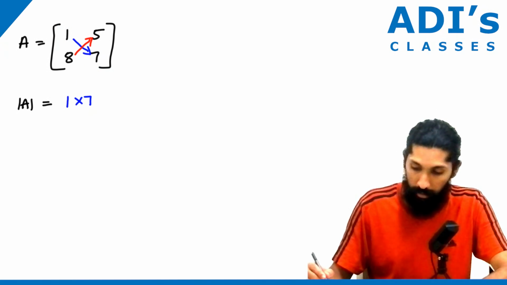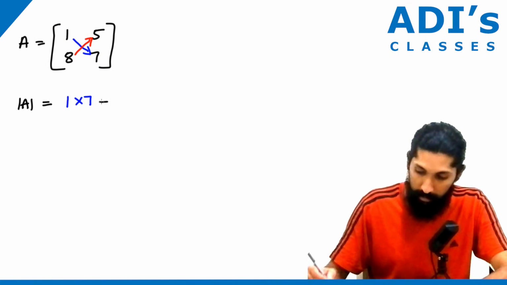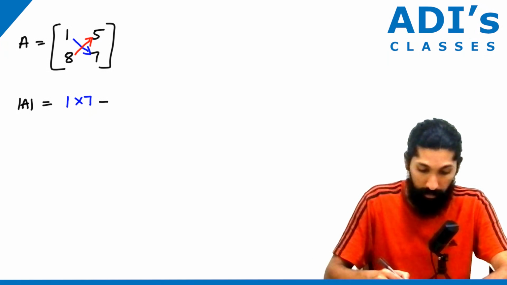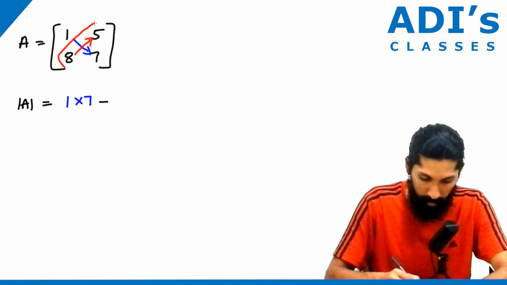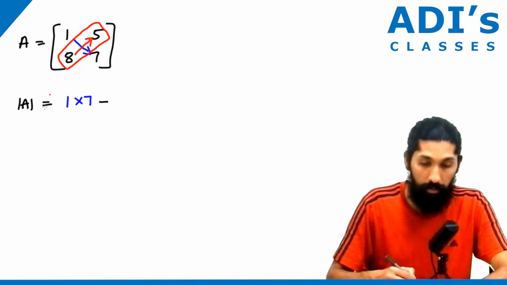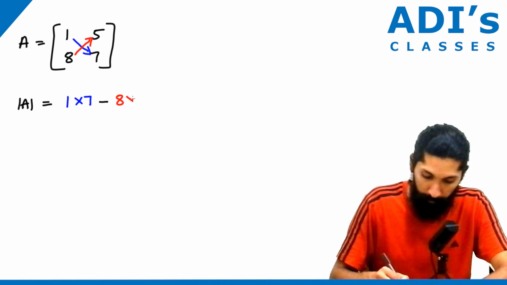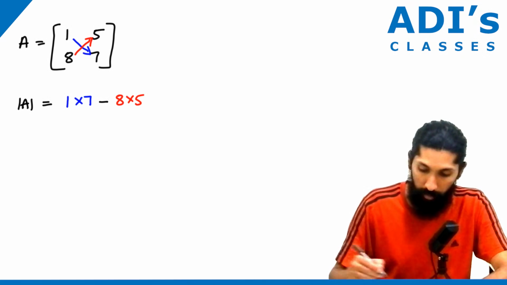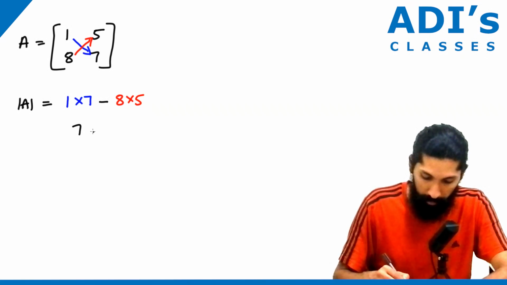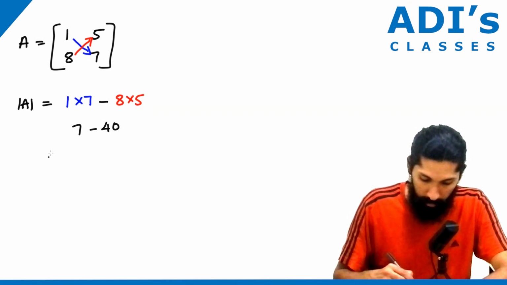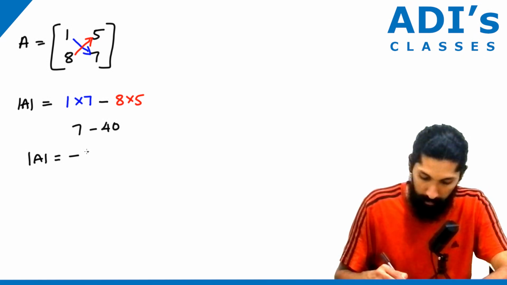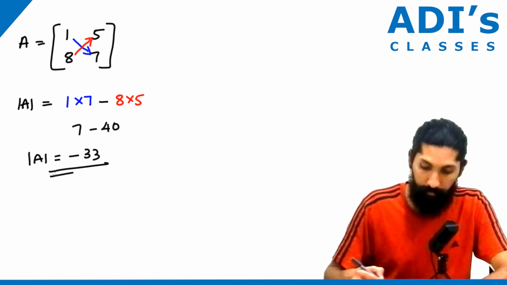Then you have minus. Then in the next case we do 8 into 5, correct? Now you calculate 7 minus 40. So determinant of A is equal to minus 33.